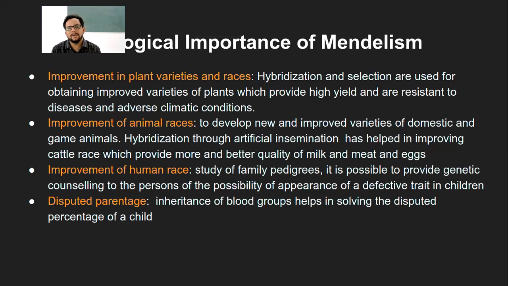And these kinds of hybridization are also done through artificial insemination. In this case, scientists collect the semen from the male counterpart of one particular animal, and then artificially inseminate it into the female genital tract of the same organism, and this way they can improve the different animal races.